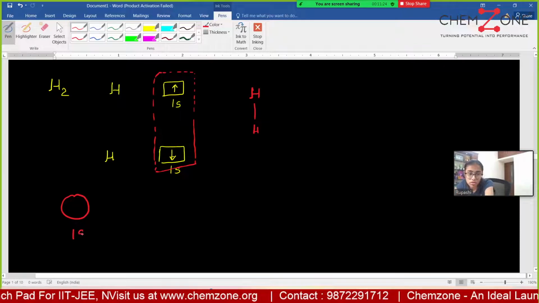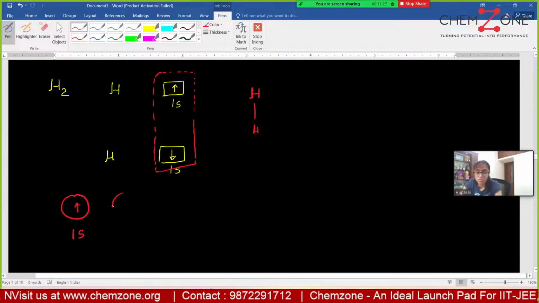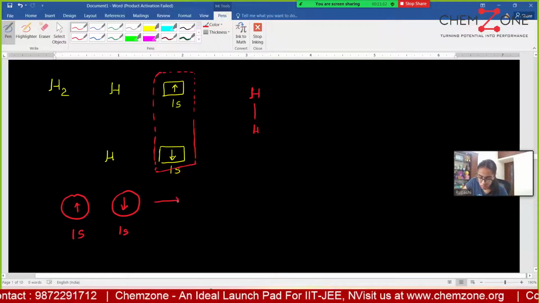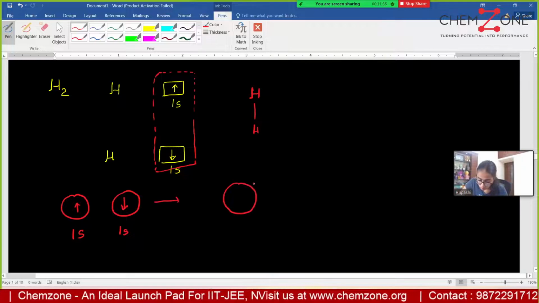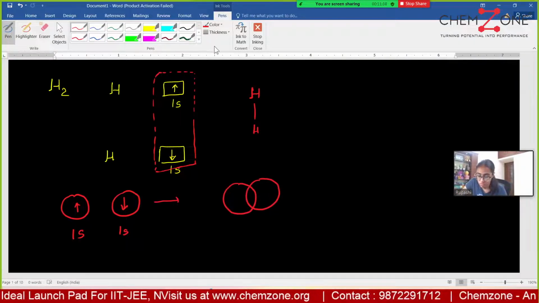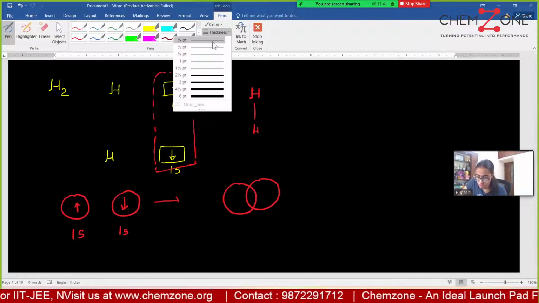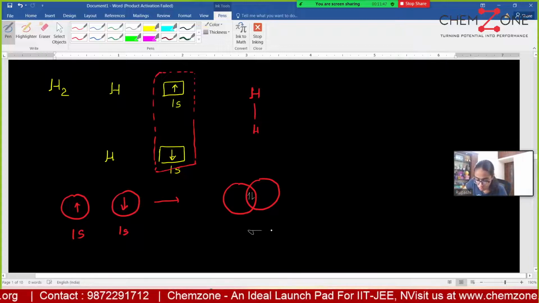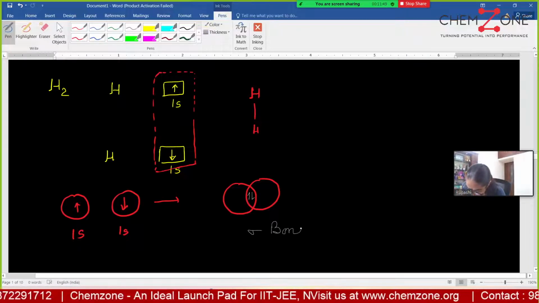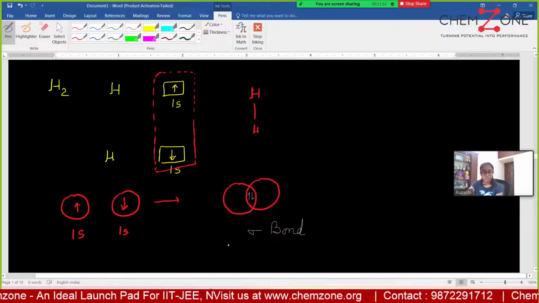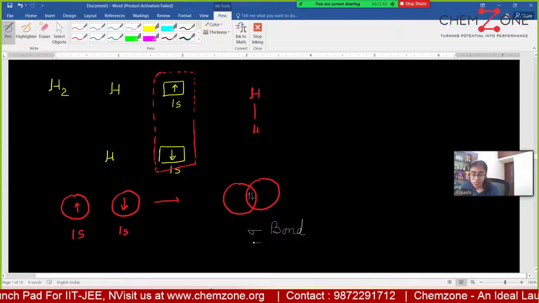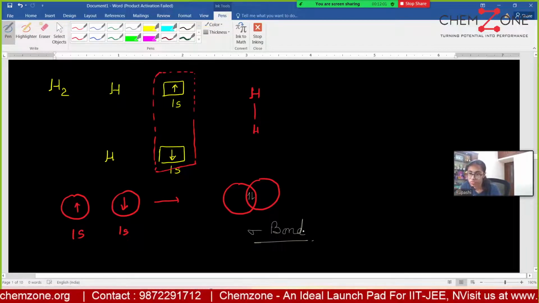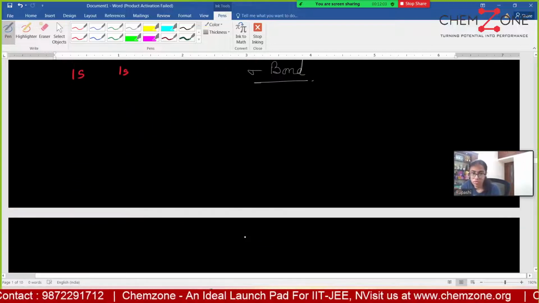So one s orbital of the first hydrogen and the second hydrogen atom are overlapping head to head, and the electrons remain in the overlapping region. This forms a sigma bond. Whenever there is head to head overlapping, they form a sigma bond.